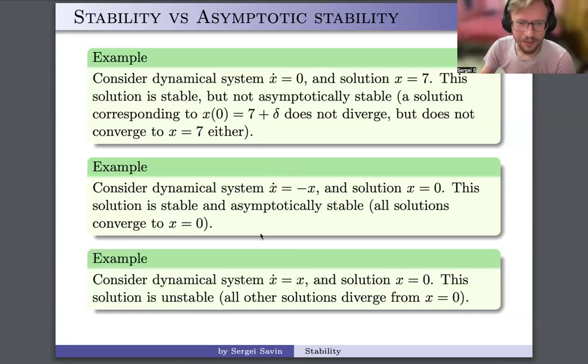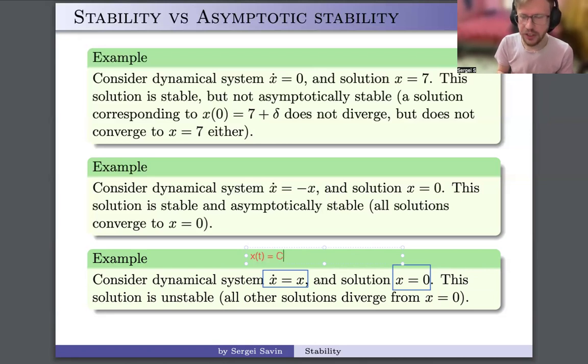All right. Now, one more example. Let's consider dynamical system x dot equals x and solution x equal to 0. So this solution is unstable. I would just write down the solution here. It would be the same process, but the solution here would be x of t equals initial conditions times exponent of t, right?